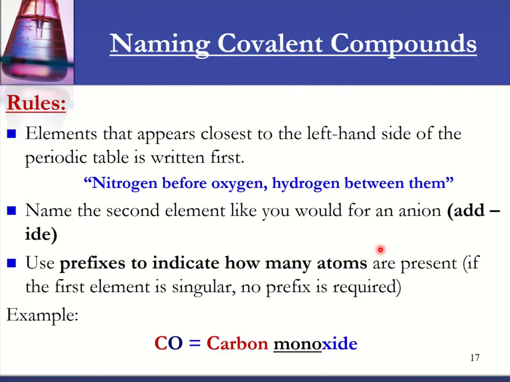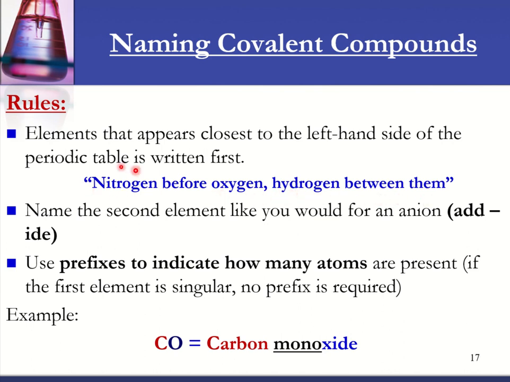Okay? The next thing we have is the naming conventions of covalent compounds. So, keep this in mind. When you're writing the name of a covalent compound, the element that appears closest to the left-hand side of the periodic table is always written first. So if you have a look at your periodic table, nitrogen is further to the left than oxygen, and hydrogen is between them.